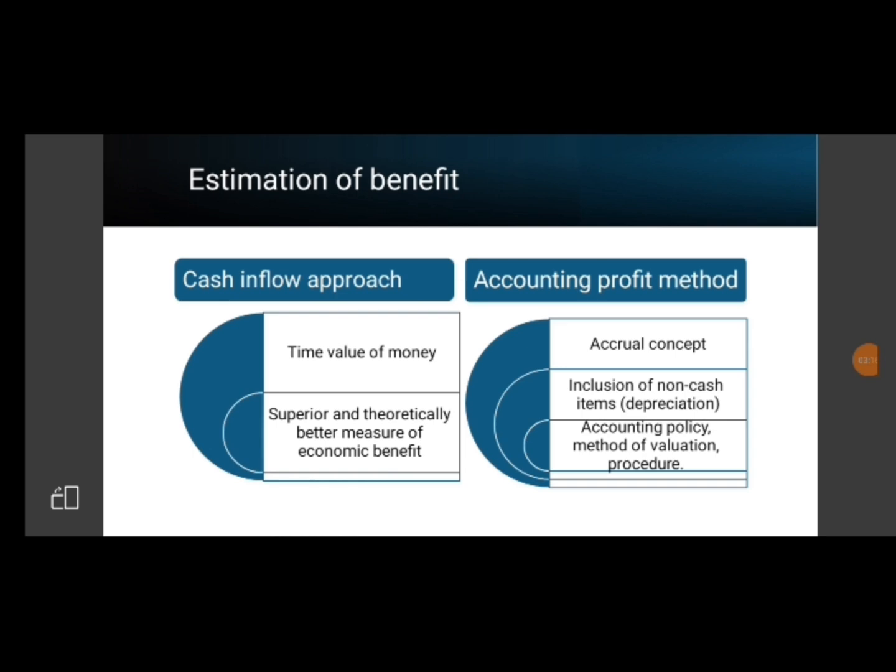The cash inflow approach gives the time value of money and it is a superior and theoretically better measure of economic benefit, whereas the accounting profit method gives the accrual concept and includes non-cash items, for example depreciation. Also, there will be differences in accounting policies, methods of valuation and procedures chosen.